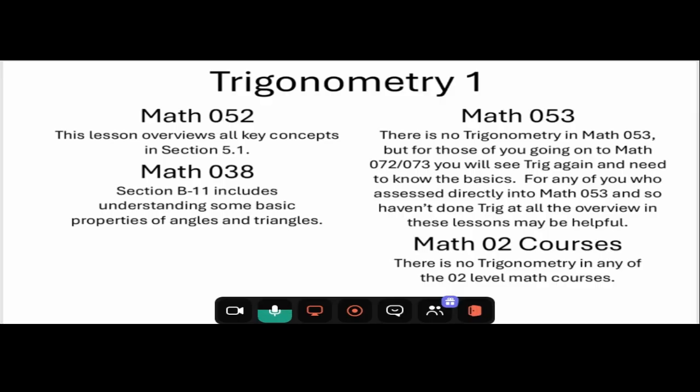If you did 052, that is great, but many people assess directly into 053. They've never done 052, and the last time they saw trigonometry was in high school or maybe never. So if you have not actually done Math 052, it might be useful just to get a feel for the basic ideas of what's going on in these two lessons.